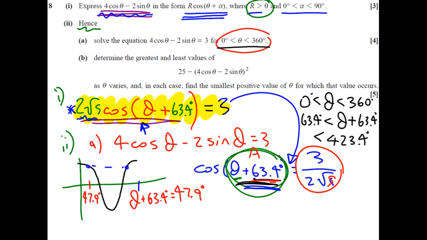So we take away 63.4, and we get our first answer for theta is out of range. Because we're doing this takeaway, it's going to be out of range if it's less than that, which this is. So let's extend our graph a little bit.